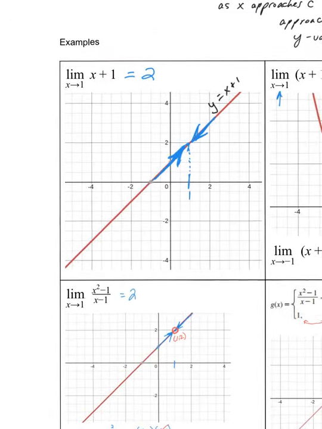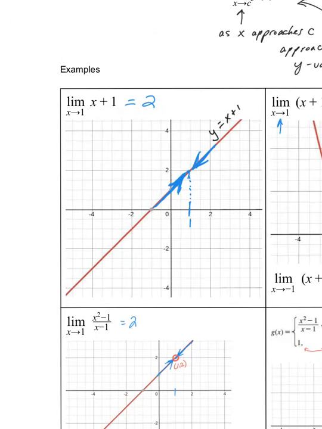One more thing I need to say about this page. You may also notice that you could use substitution as a method to solving limits. This is the equation f of x equals x plus 1. If they're asking you about what happens as x approaches 1, you could see if you could just substitute x as 1 in and get an answer.